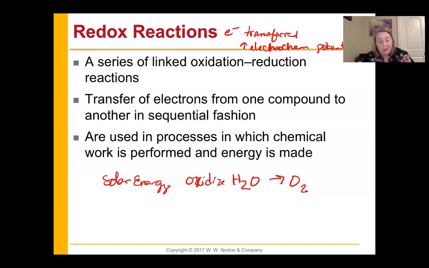They can also generate chemical energy. So they can generate sugar, C6H12O6, right? And so that's what they use at night to sustain themselves. So all of these oxidation reduction reactions are used where chemical work needs to be performed, okay?